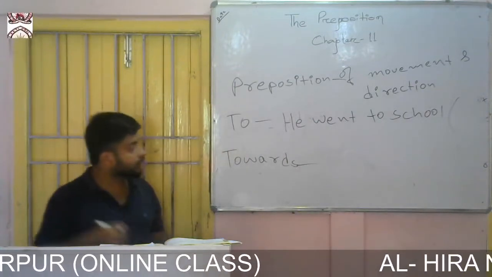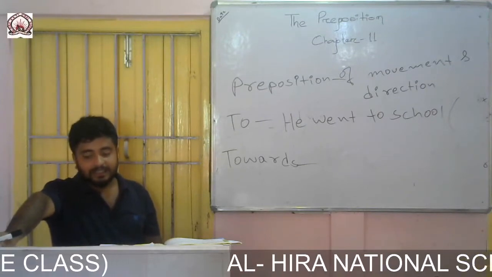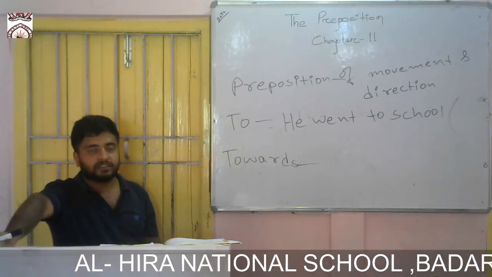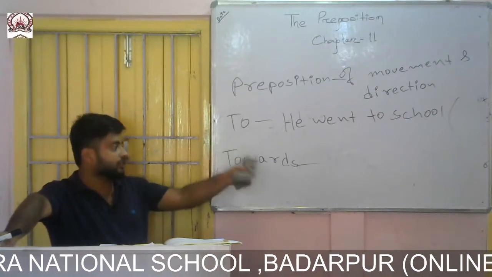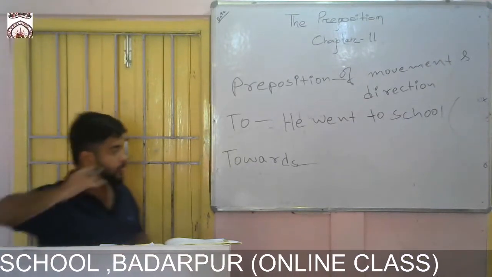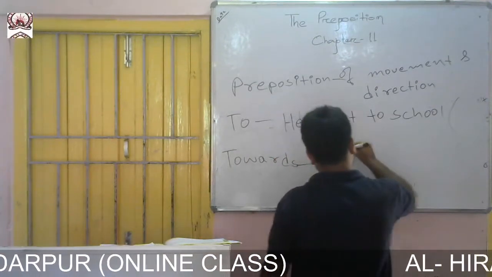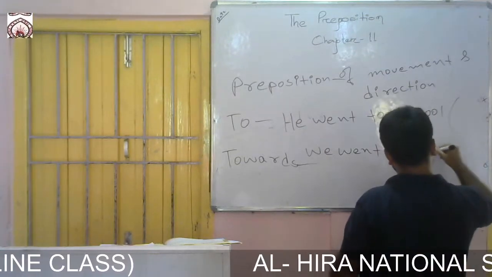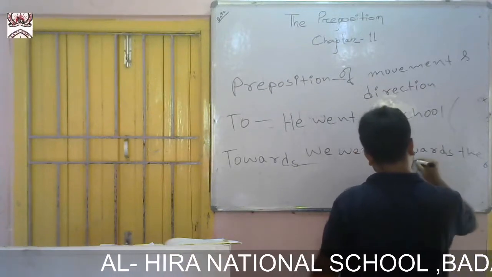Now towards. It indicates a sense of direction. To indicates a sense of destination, and towards indicates a sense of direction. For example, we went towards the school.